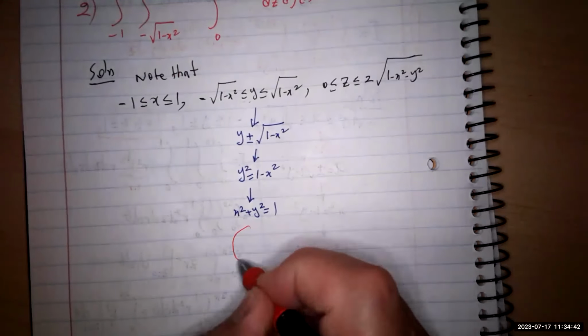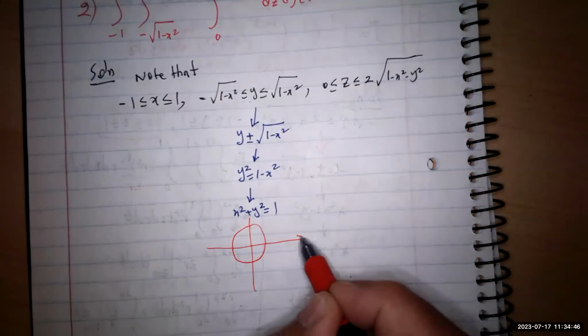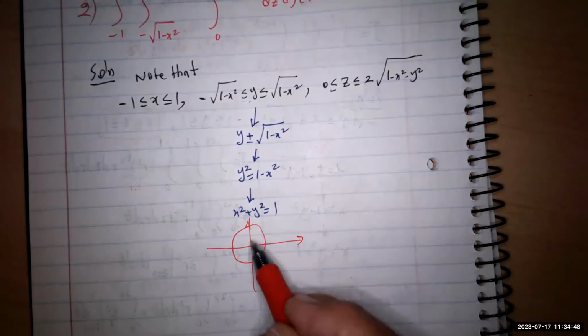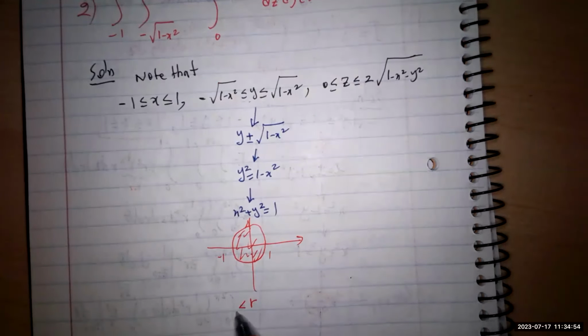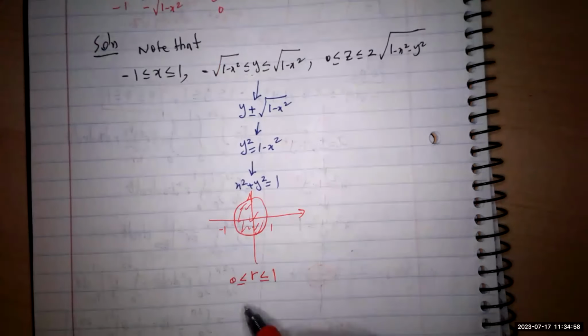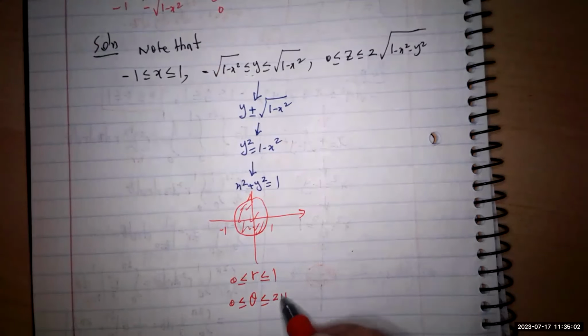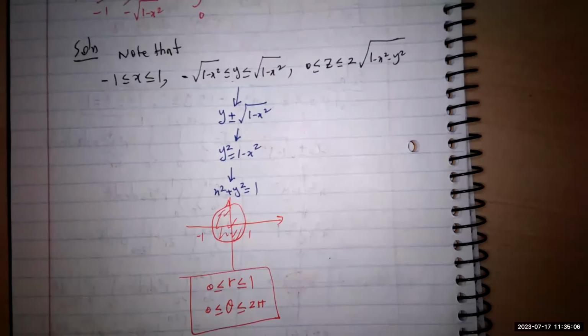This is the unit circle, everything inside. This means your r, the radius, is 1. And since we are using the full circle, your theta is going to be between 0 and 2 pi. So this is the two-dimensional case when you project it. Any question? You have more job to do for this.